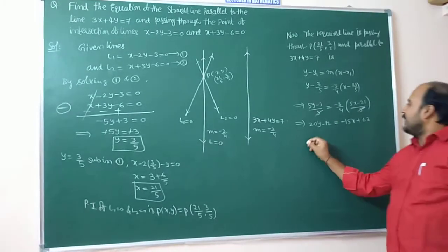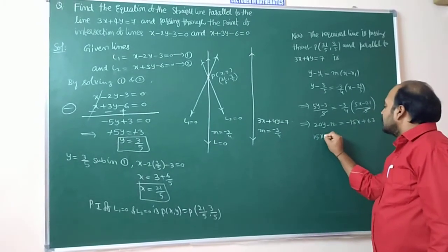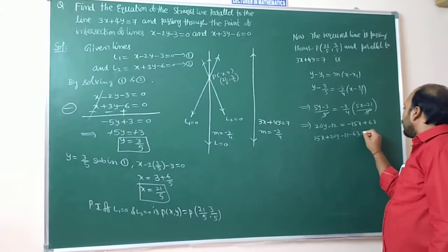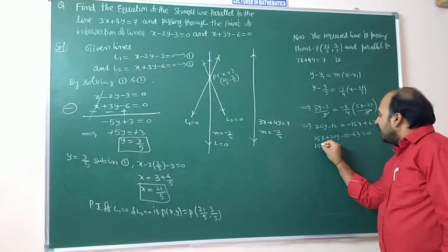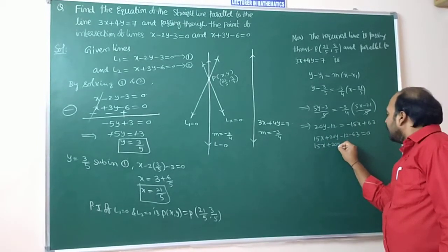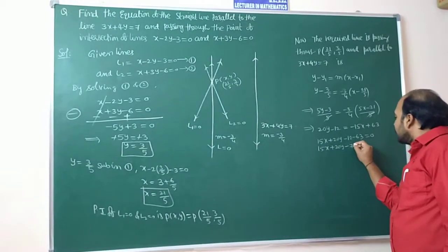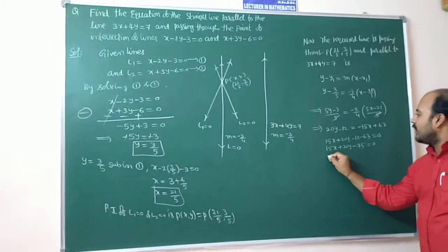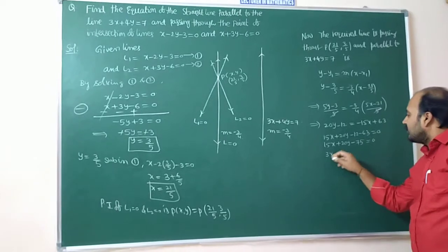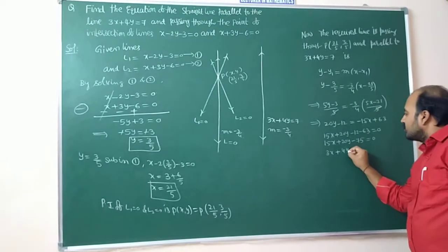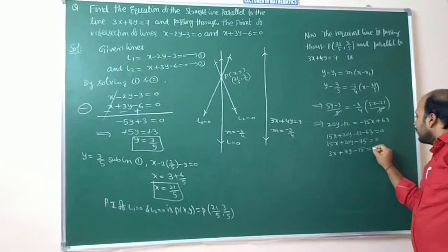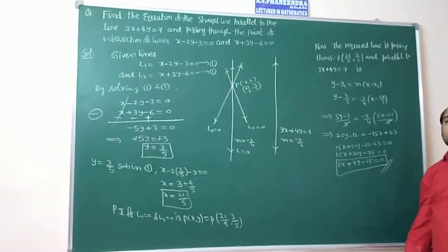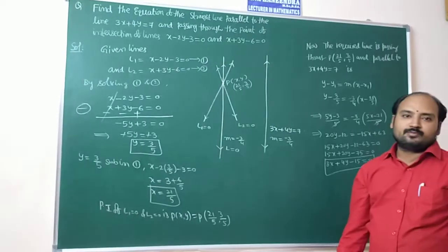So these values we can take this side. 15x plus 20y minus 12 minus 63 equal to 0. 15x plus 20y minus 75 equal to 0. All are multiples of 5. So dividing by 5, the required line is 3x plus 4y minus 15 equal to 0.